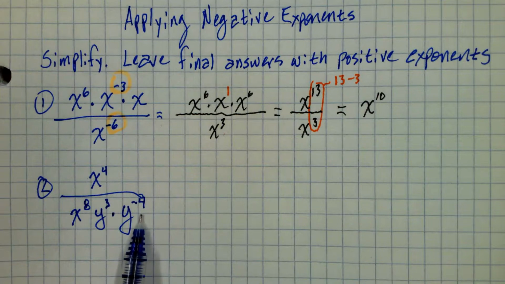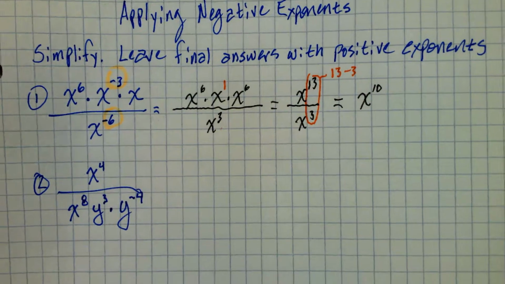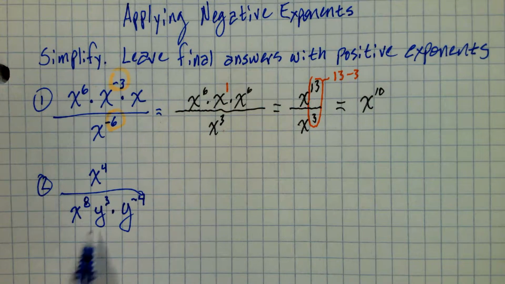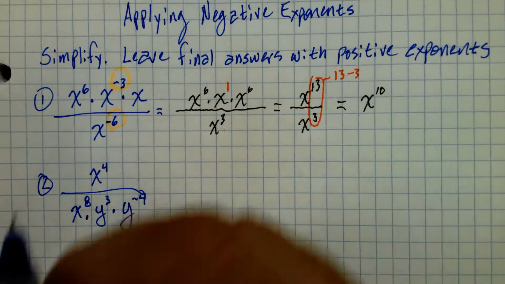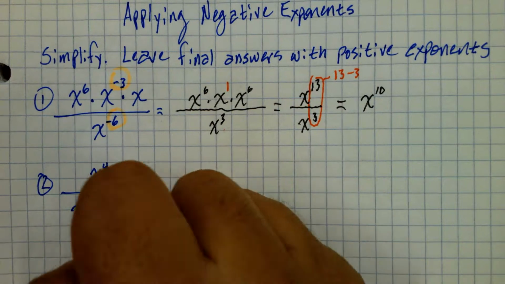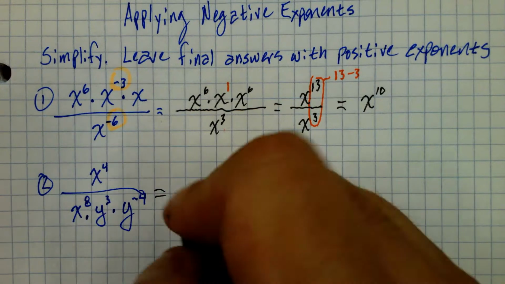That's negative 4 there. So we got x to the 4th all over x to the 8th times y to the 3rd times y to the negative 4. Okay? So what shall we do now? Let's make y to the negative 4th happy.